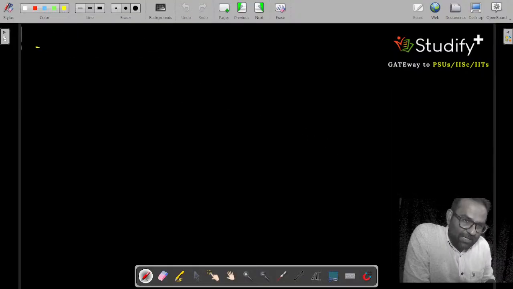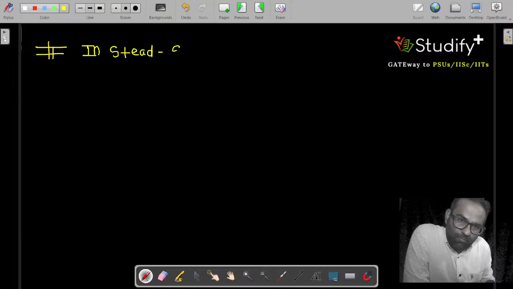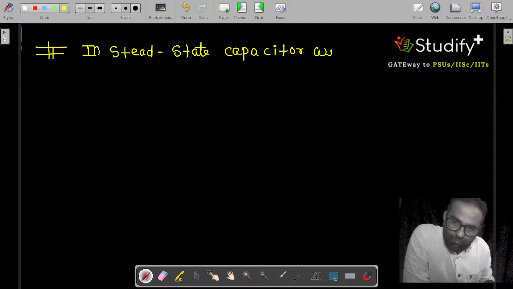So what we can say, in steady state, very important point, in steady state capacitor will behave as open circuit.